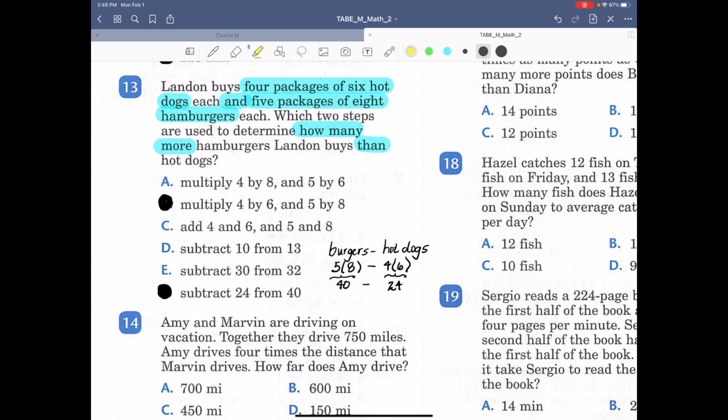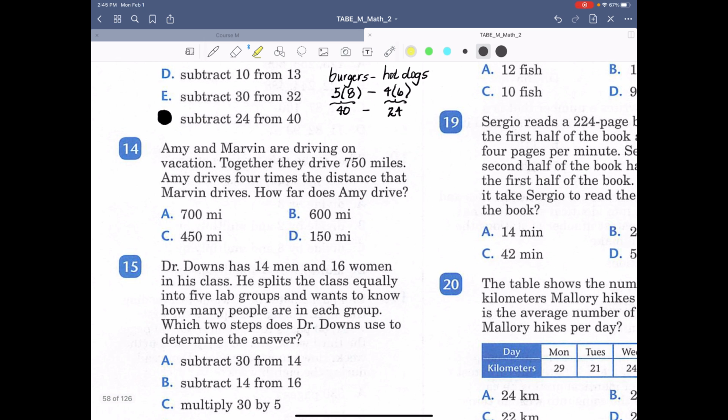Number 14. Amy and Marvin are driving on vacation. Together, they drive 750 miles. Amy drives 4 times the distance that Marvin drives. So how far does Amy drive?